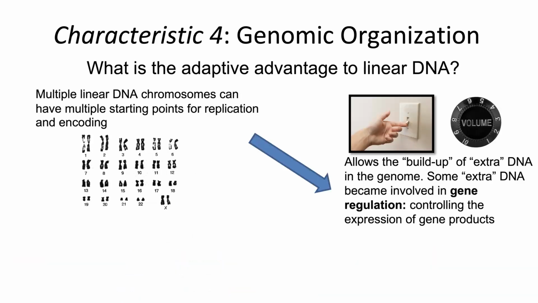So just to visualize this and how it affects eukaryotes, because you have multiple linear DNA chromosomes that have multiple starting points for replication, and you don't have strong selection against the buildup of extra DNA, you can actually get some buildup of extra DNA in the genome.